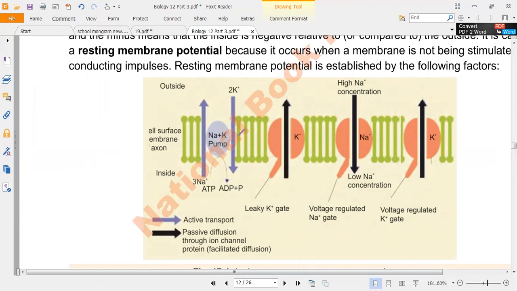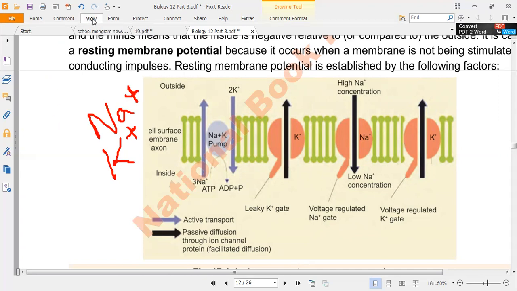This resting membrane potential is maintained by two types of charges. One is sodium ions and the other is potassium ions. These two maintain the membrane potential, whether they are at rest or in action.